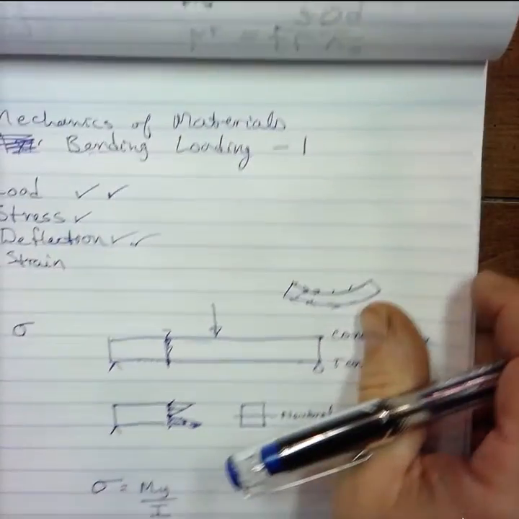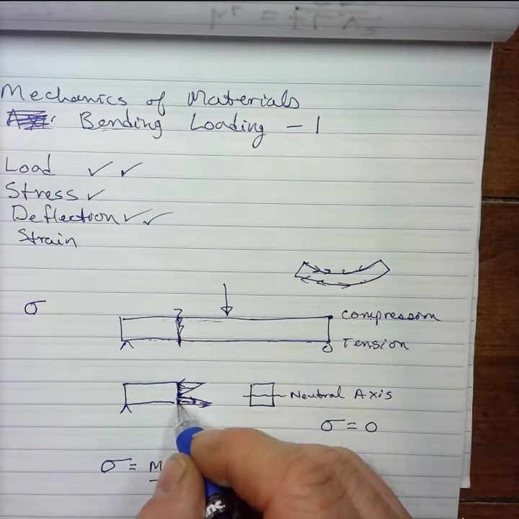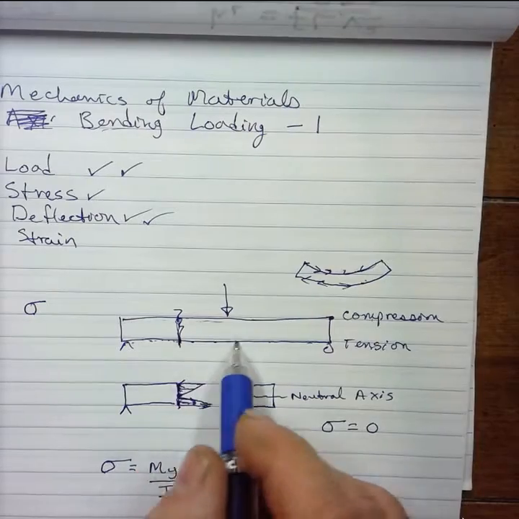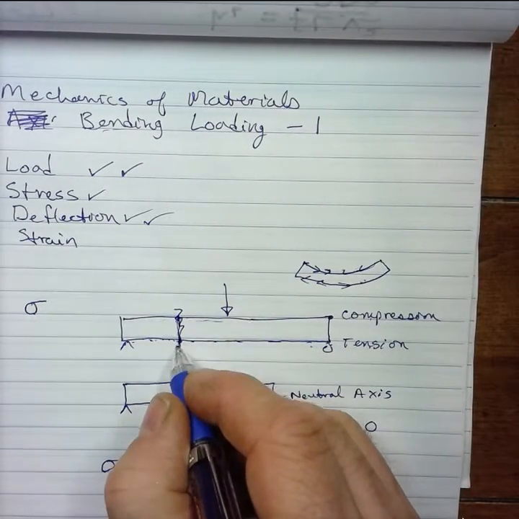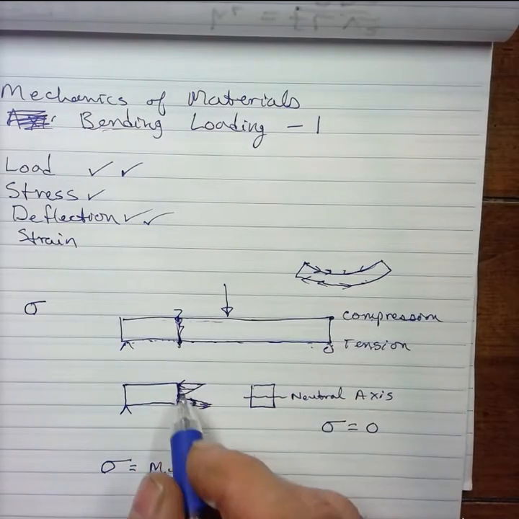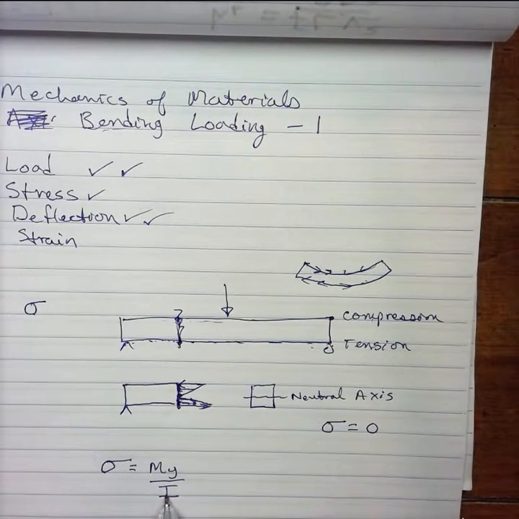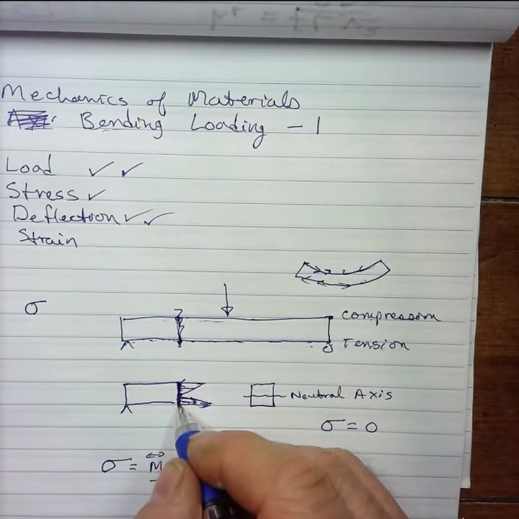So the moment is the same everywhere in this cross-section. It's different everywhere along the length of the beam, but when we choose a point in the beam, we choose this point right here, the moment is the same everywhere. So it's a fixed value in this cross-section.